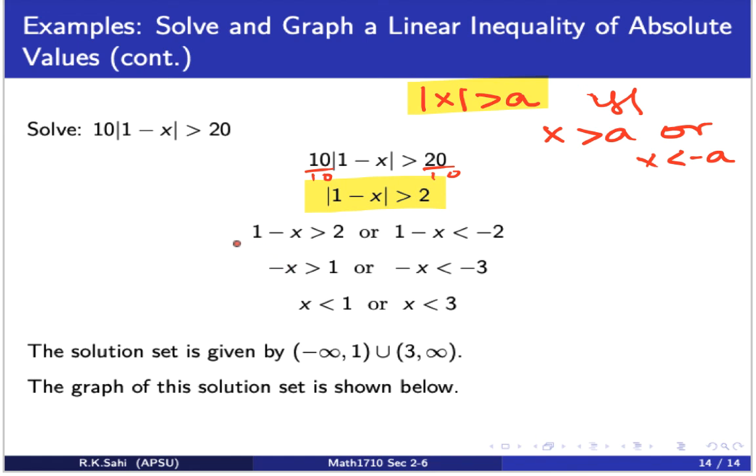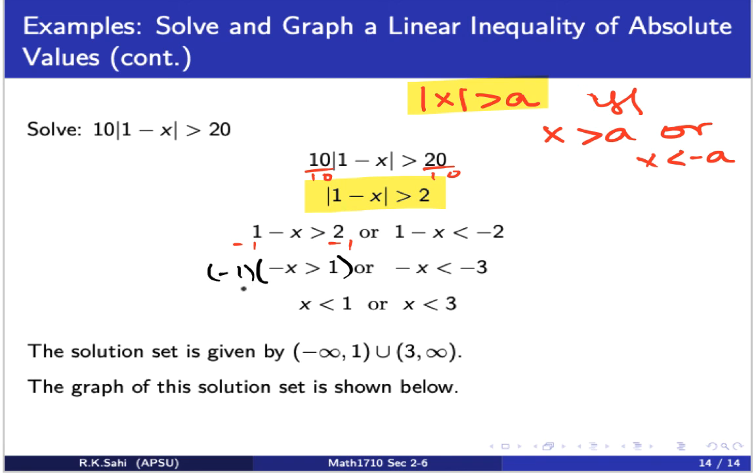Then you add a minus 1 on both the sides here. What do we get? Minus x strictly greater than 1. Now remember, to have a solution, the coefficient of x should be 1. Now in order to get rid of this minus, what are we going to do? We are going to multiply this whole inequation by minus 1.